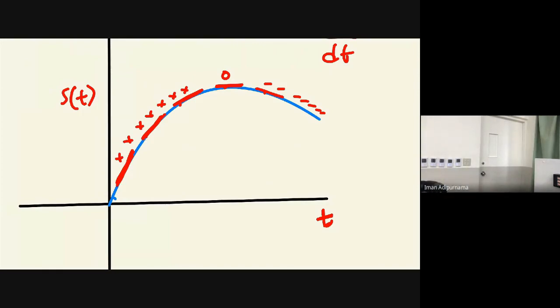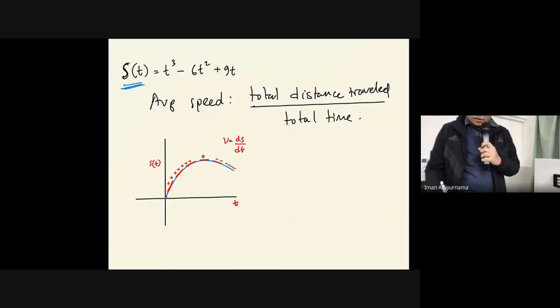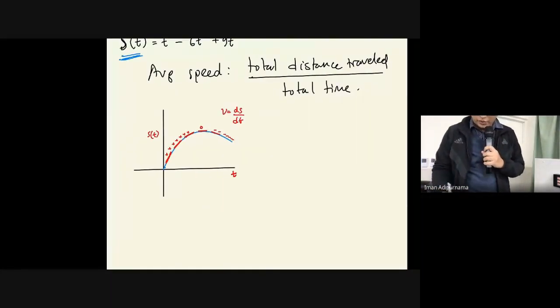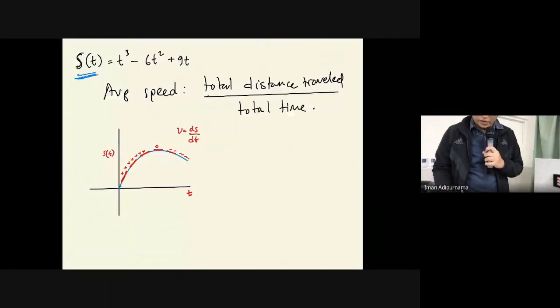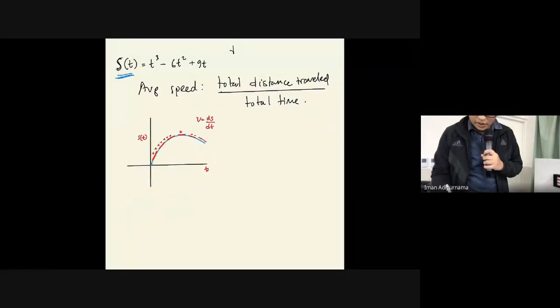So if we can find when the gradient is 0, we can predict this positive and negative. Let's find the first derivative. ds over dt is 3t squared minus 12t plus 9.